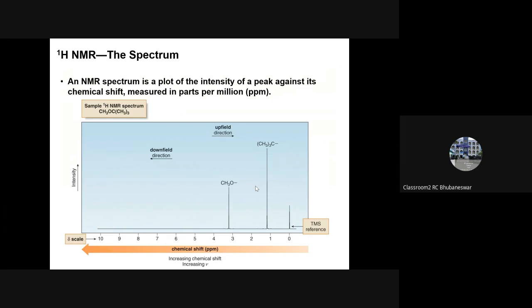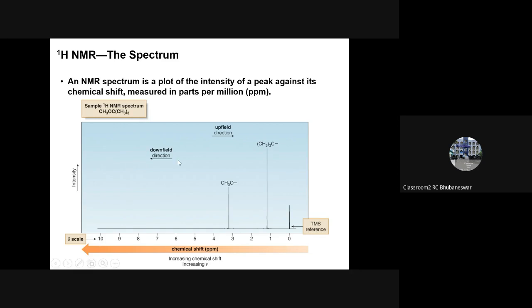So the NMR spectrum is a plot of intensity. On the Y-axis you see the intensity of the peak, against its chemical shift that is reflected in ppm unit on the x-axis, and the TMS reference is at the zero position, and here you can see 0 to 10 is your chemical shift scale.